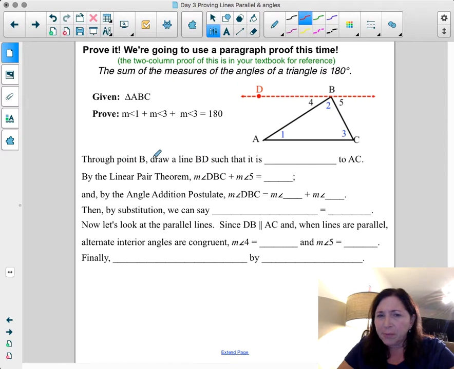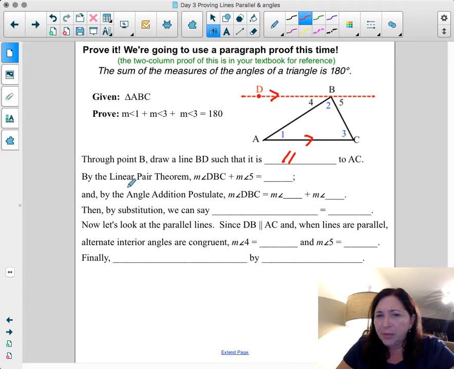So through point B, draw line BD such that it is parallel to AC. So this auxiliary line does need to be parallel to AC.